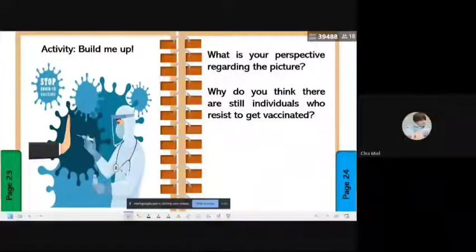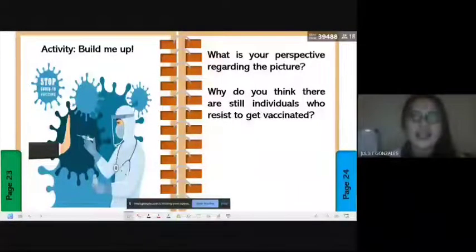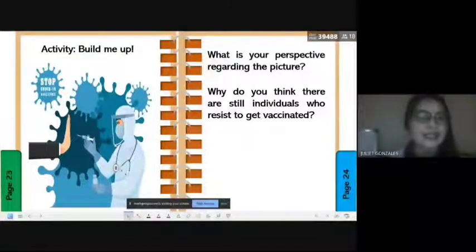Okay, one primary reason why there are still individuals who resist getting vaccinated is fear, no? They have reasons behind it. Or lack of education, diba? If they are uninformed or not fully educated regarding vaccines, obviously they will resist getting vaccinated. Very good opinion, Clea Mail.